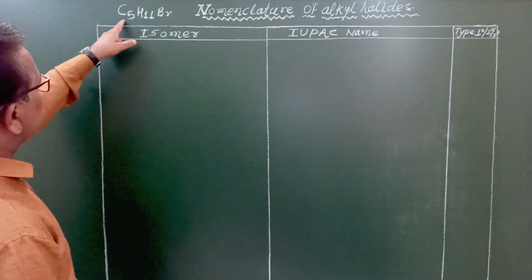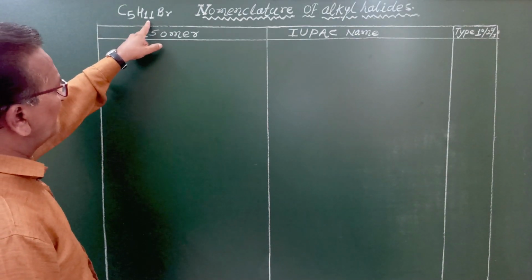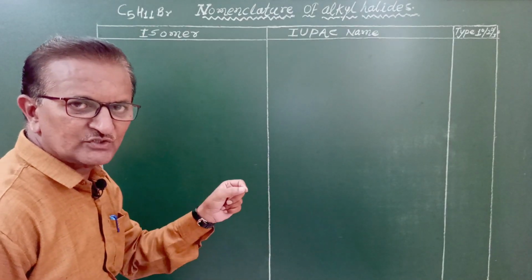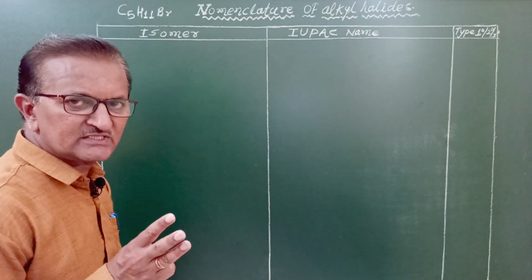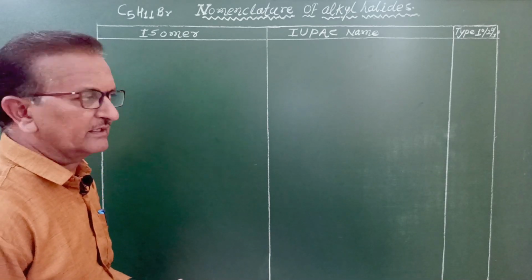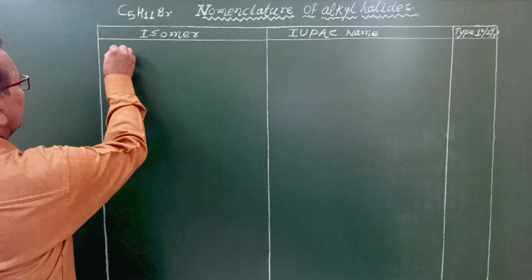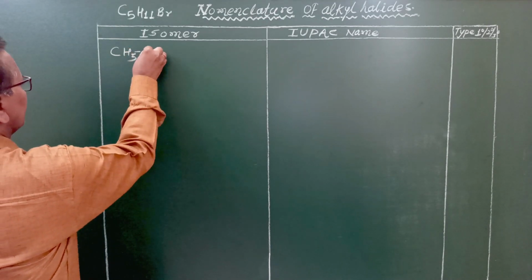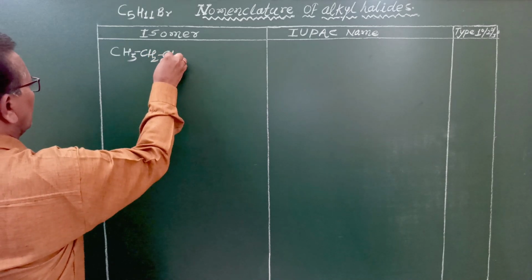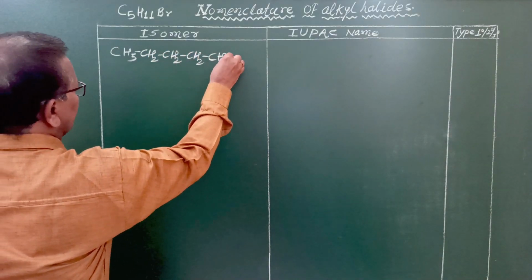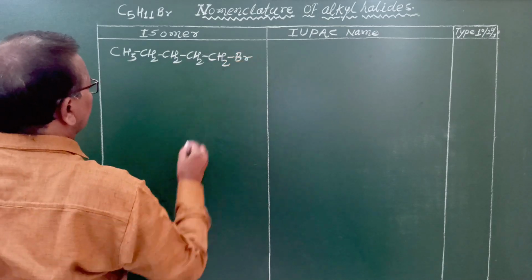We know that C5H11 is derived from pentane, and pentane has 3 isomers. What are these 3 isomers? N-pentane, isopentane and neopentane. From n-pentane we can derive 3 different alkyl groups: CH3-CH2-CH2-CH2-CH2-Br.